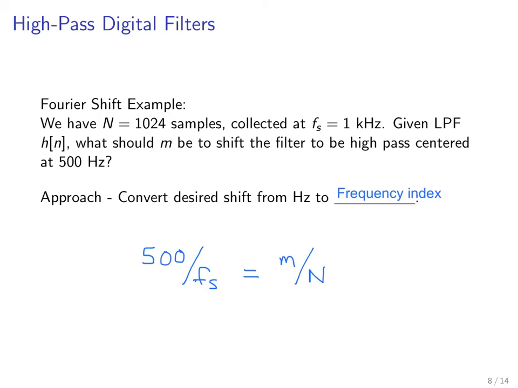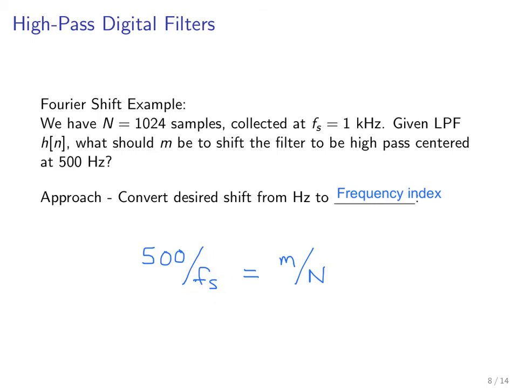And this relationship holds because the sampling frequency f sub s says what the width of our signal is as a function of frequency after we have sampled it using that sampling rate. And that also corresponds to capital N frequency samples. So if you sample a signal at rate f sub s with a total number of samples N, and you calculate its discrete Fourier transform, then you're going to get a Fourier transform of total width f sub s.